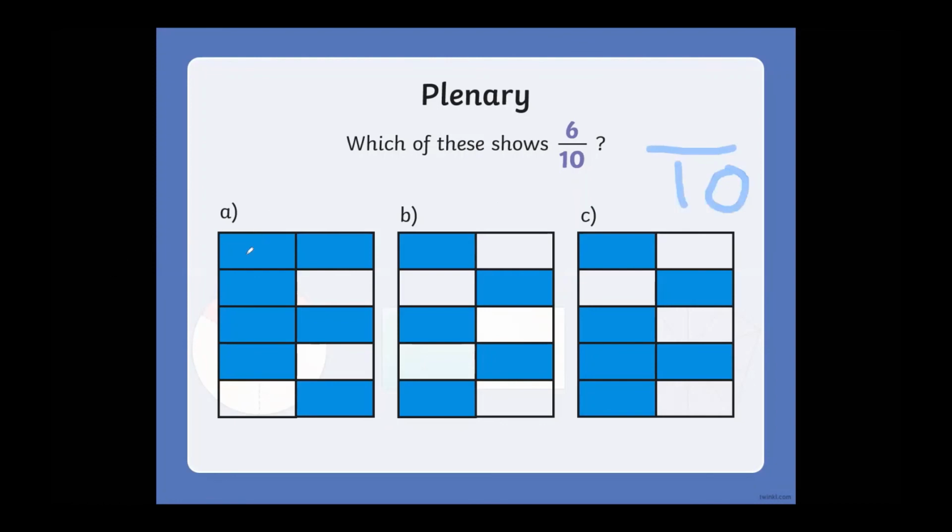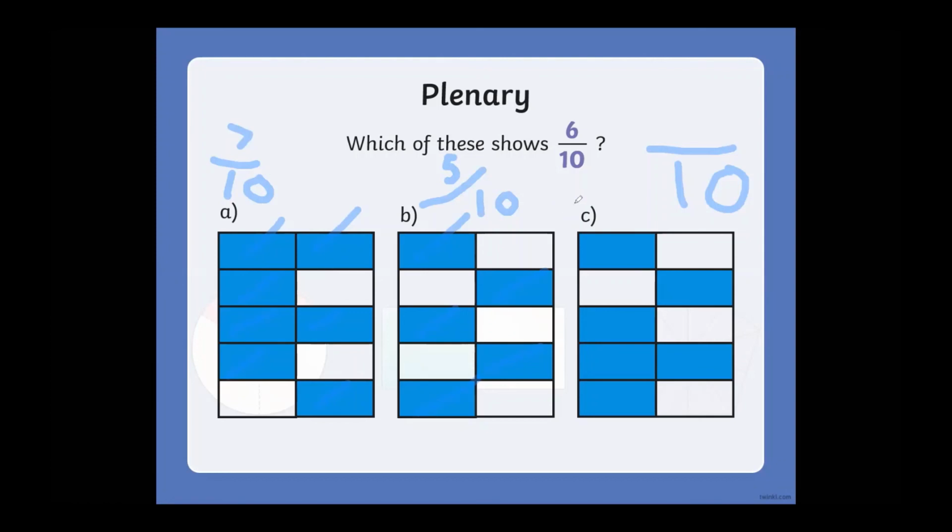Okay, 1, 2, 3, 4, 5, 6, 7. So A is 7 tenths. Let's count B, shall we? 1, 2, 3, 4, 5. So B, we have 5 tenths.